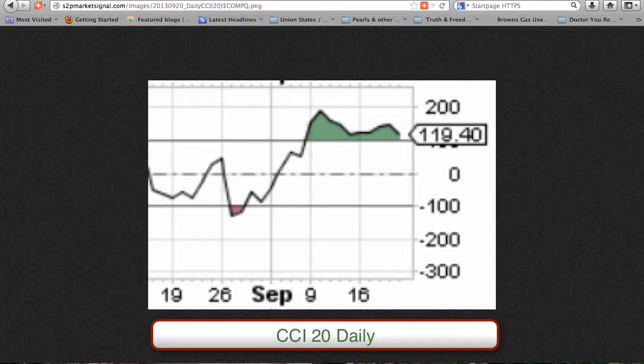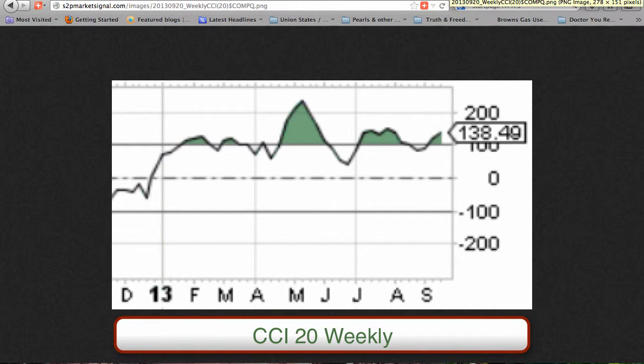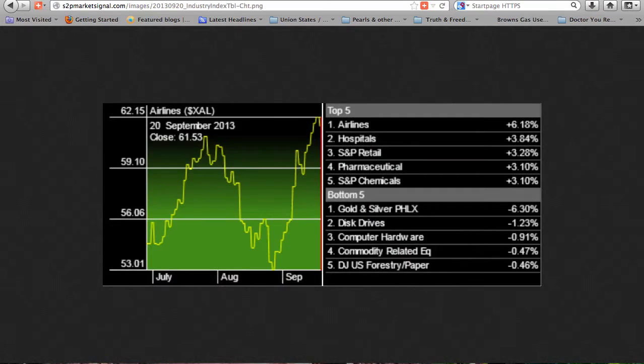The weekly CCI 20 of the Nasdaq Composite Index began a Woody's uptrend 32 weeks ago, while the daily CCI 20 began a Woody's uptrend 1 week ago. The CCI 20 weekly continues above plus 100. We await a return to the plus or minus 50 range for a valid zero-line reject entry signal.